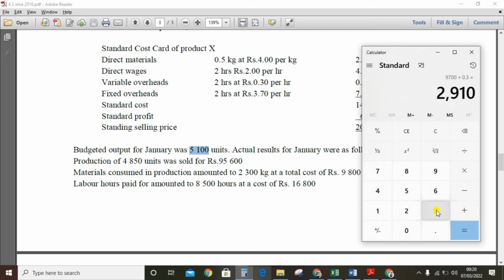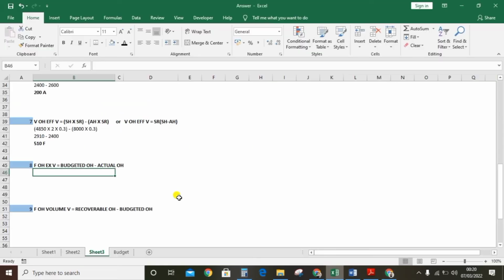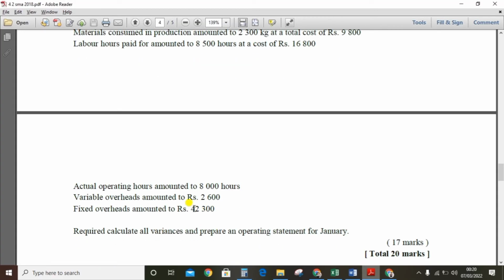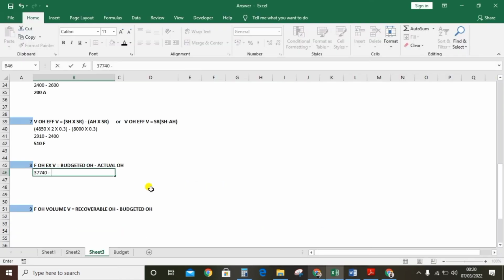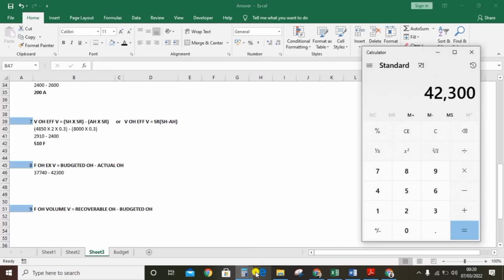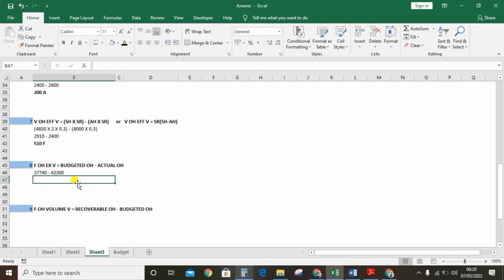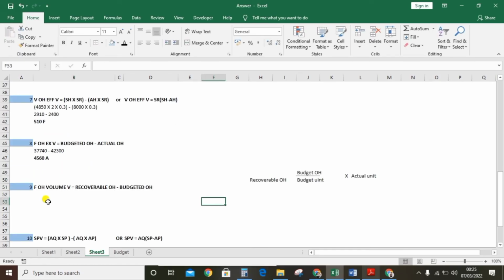So total budgeted units 5,100 into 2 hours into 3.70, so 37,740 is the budgeted overhead. 37,740 minus actual overhead 42,300. So here 4,560 is adverse.